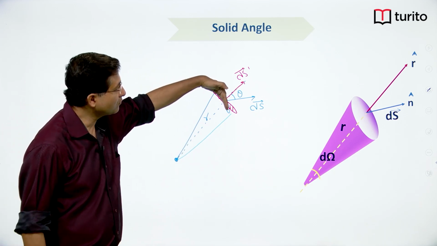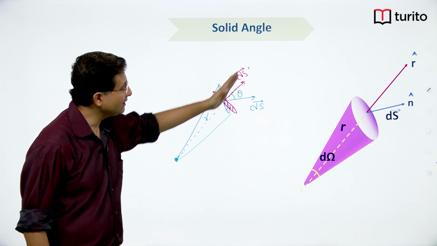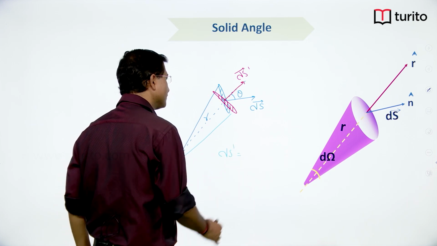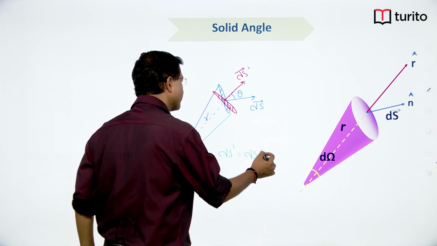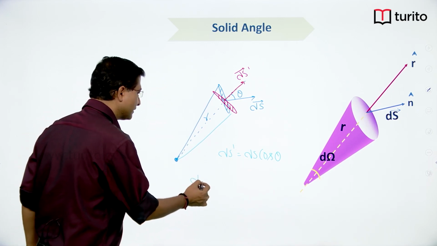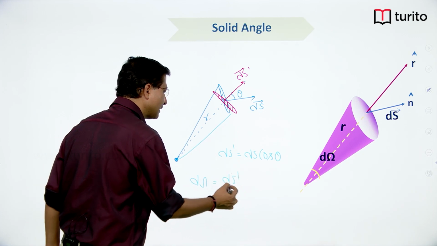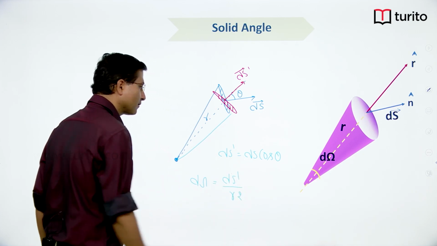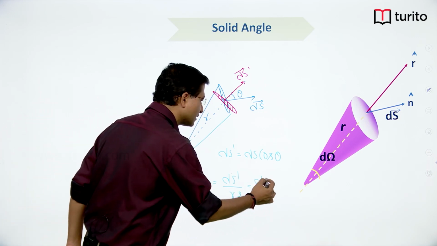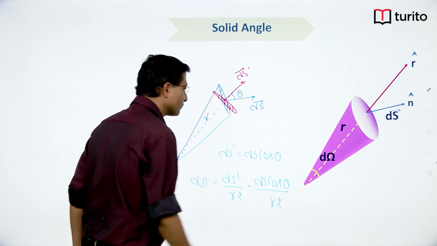So the projection of this one this way I want to take, then this ds dash will be equal to ds cos theta. So solid angle, if I want to write, is nothing but ds dash divided by r square, and this ds dash is ds cos theta, so it is ds cos theta divided by r square.